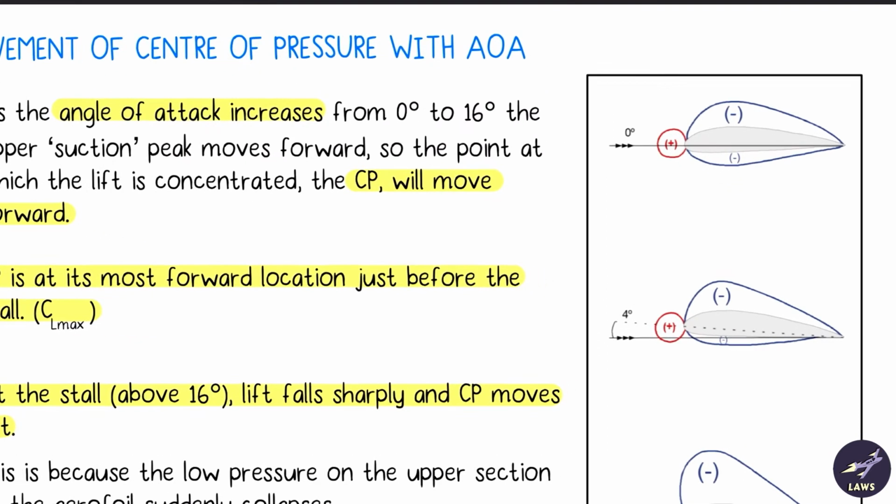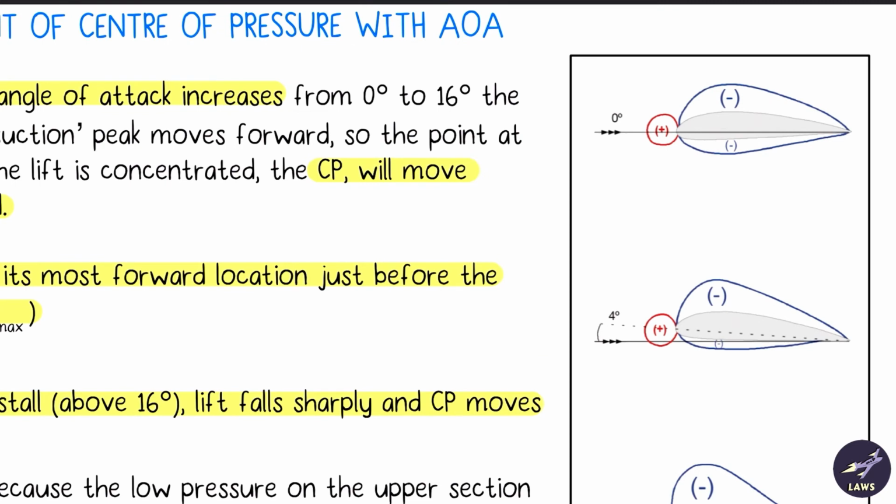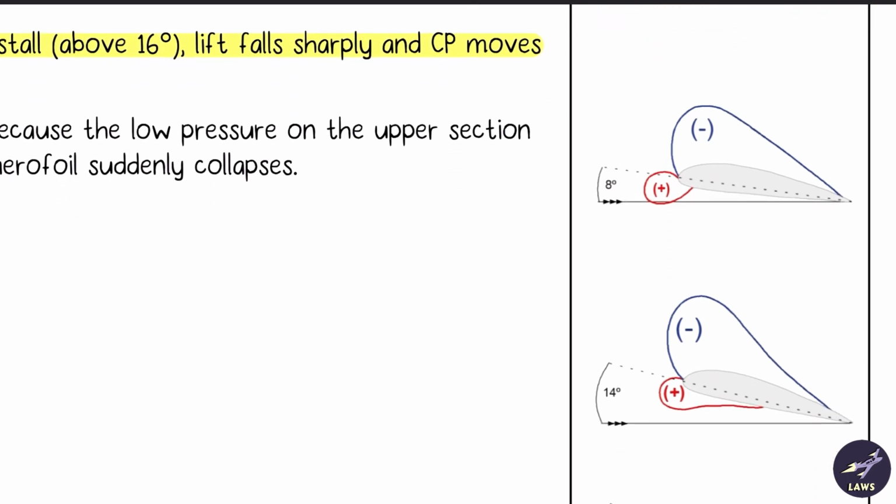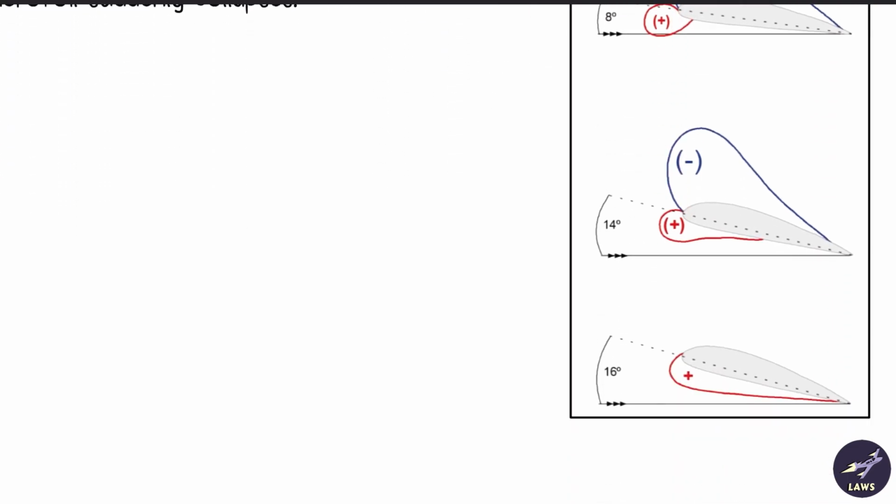As you can see, we are increasing the angle of attack. The lift force is moving forward and forward, and it is also increasing in magnitude. Here it is even more. Finally, above 16 degrees, the pressure differential no longer exists and the lift force is gone totally.